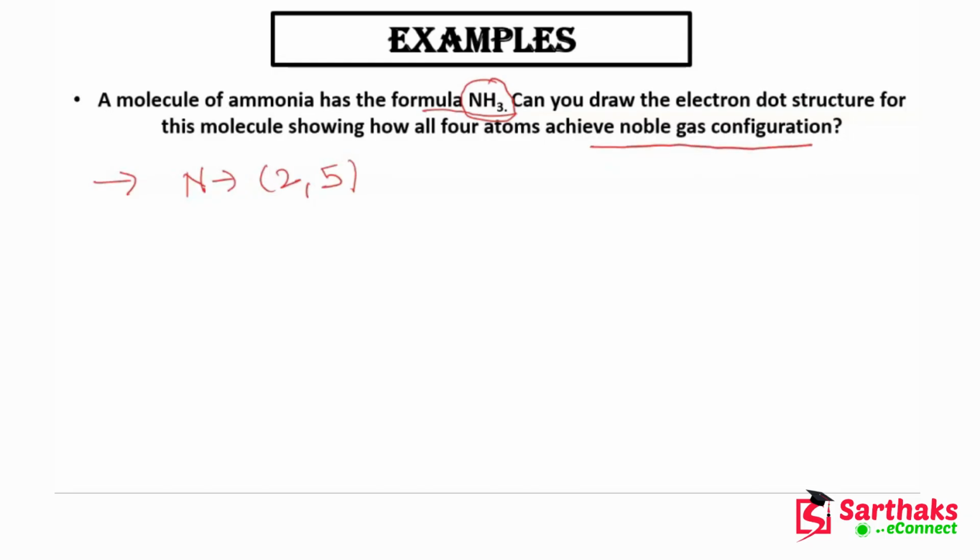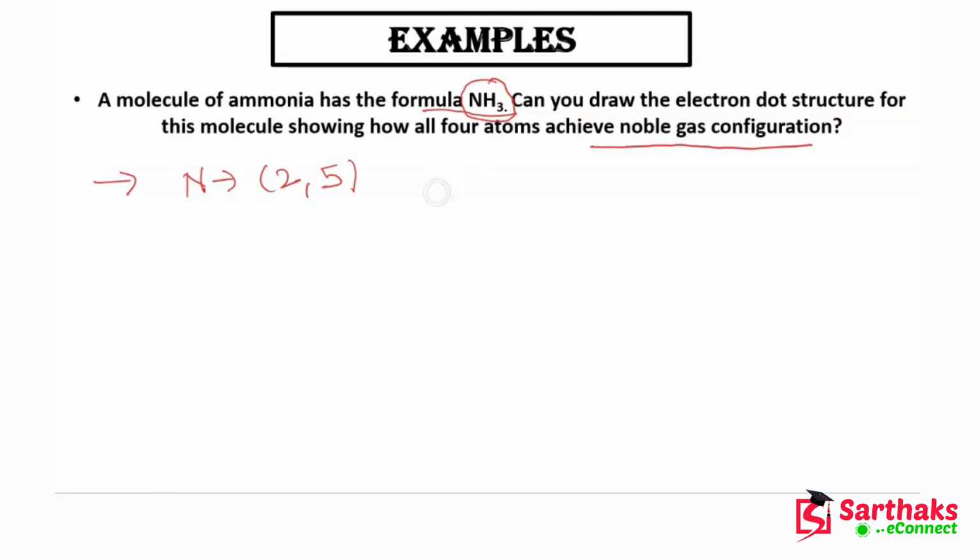Now guys, what will happen? This nitrogen will share its 3 electrons with 3 hydrogen atoms. If it shares 3 electrons, then the octet of the nitrogen will get completed.